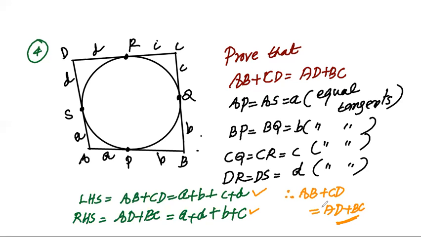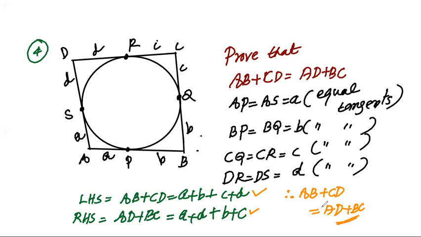So it is a board level question, so try to understand the concept. We have used the concept of equal tangents. There are four external points. The pair of tangents drawn from those four external points are equal in length, like AP equal to AS is equal to a, BP is equal to BQ is equal to b, CQ is equal to CR is equal to c, DR is equal to DS is equal to d.